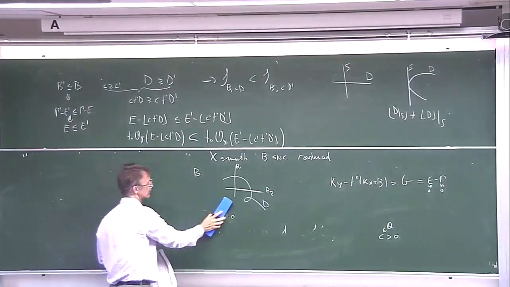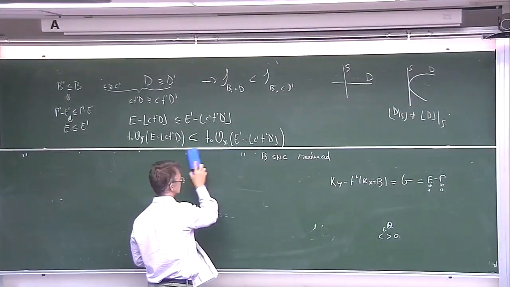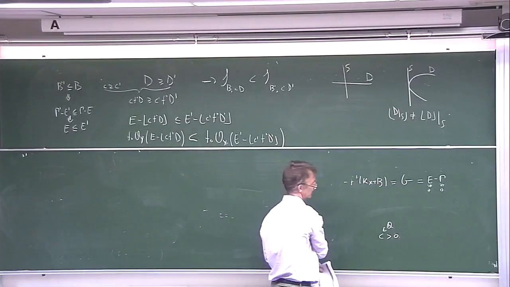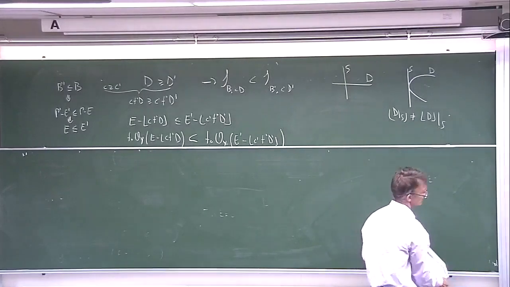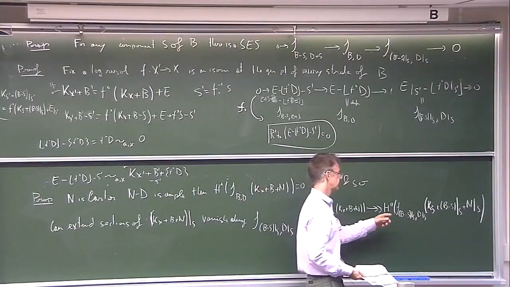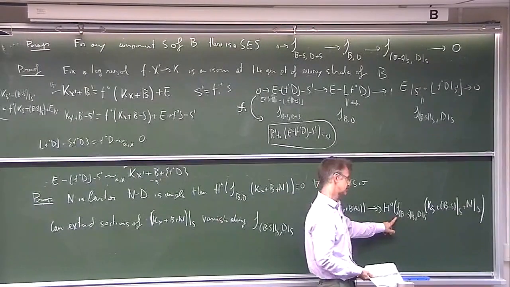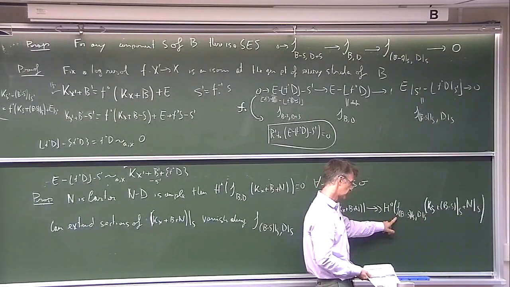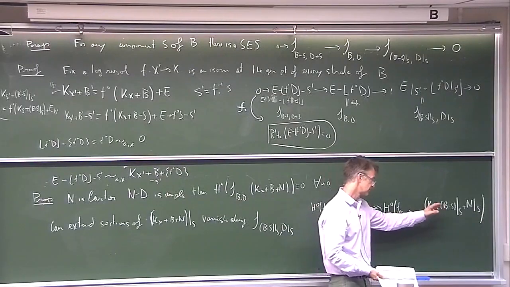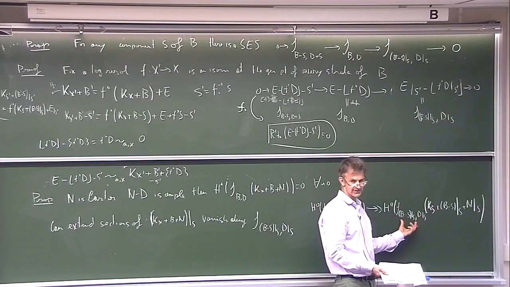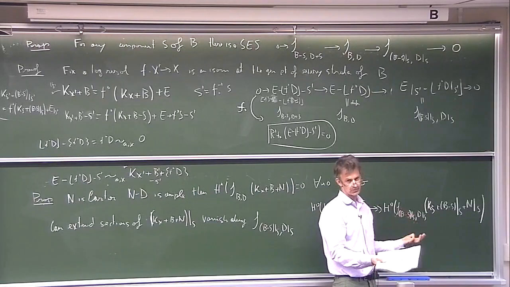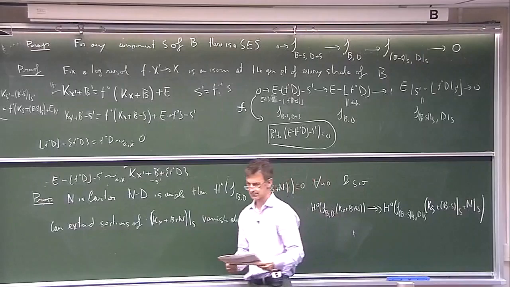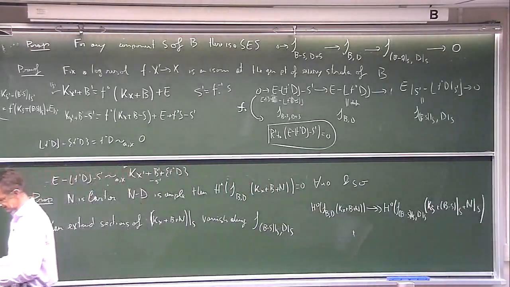What's the relation between that with N and D? Hopefully we'll get to that. But the only thing you can take from this at this point is that the sections will have to vanish along some locus. And that locus, at the end of the day, is going to be the stable base locus of the linear series. That's where that is coming from.